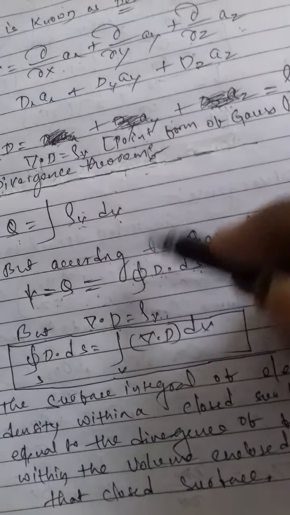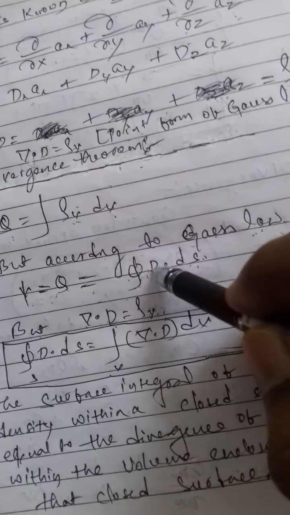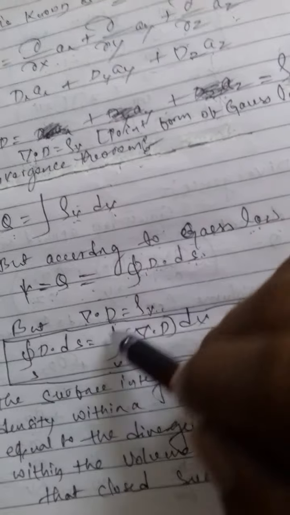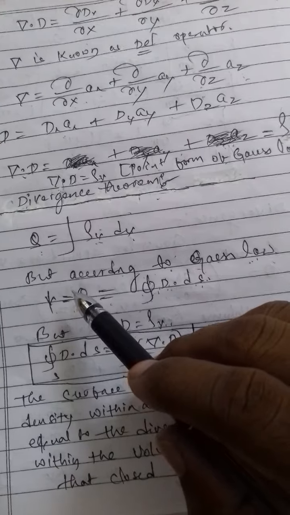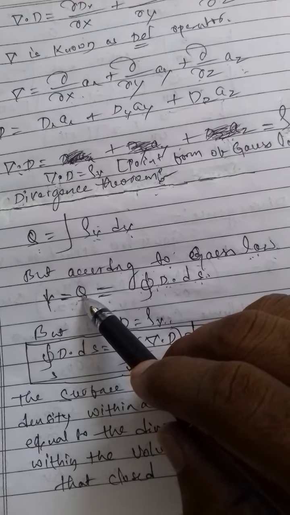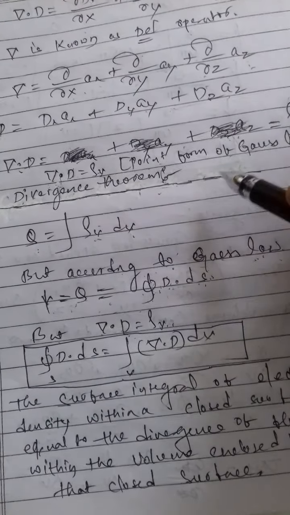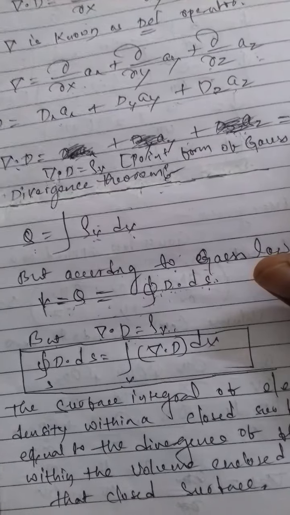If the charge is enclosed by a surface, then you have to apply the closed integral of D dot dS. This is the basic difference between these two. You have to determine whether it is a surface element or a volume element, and then determine the charge enclosed.